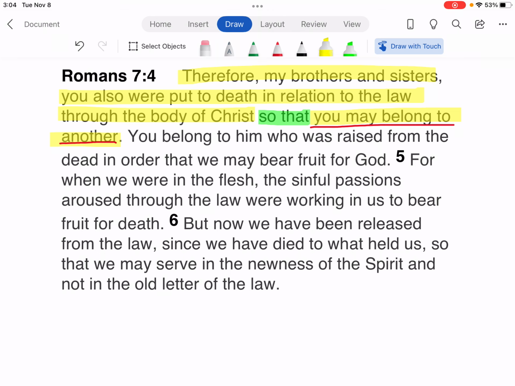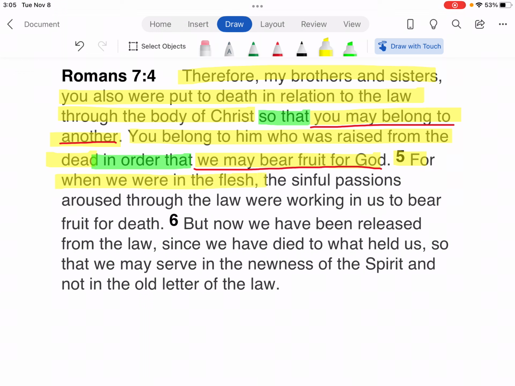And then it continues, you belong to him who was raised from the dead. Wait a minute. In order that, here it is again, we may bear fruit for God. And look at this. Here's what the point of this is. You belong to another. You can bear fruit for God. Let's keep reading. For, that's one of those other socket sizes.